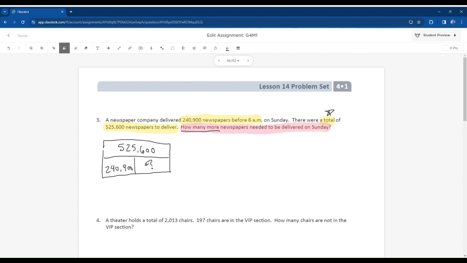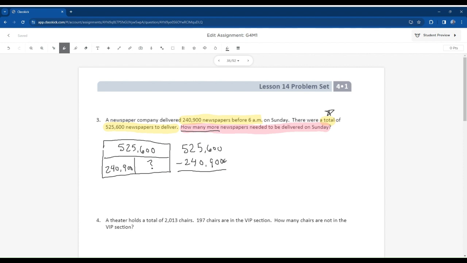So really, these are the newspapers delivered after 6 a.m. So we'll subtract to figure out how many papers were delivered after 6 a.m. So my total amount of newspapers minus the newspapers that were already delivered will be how many more newspapers need to be delivered that day.